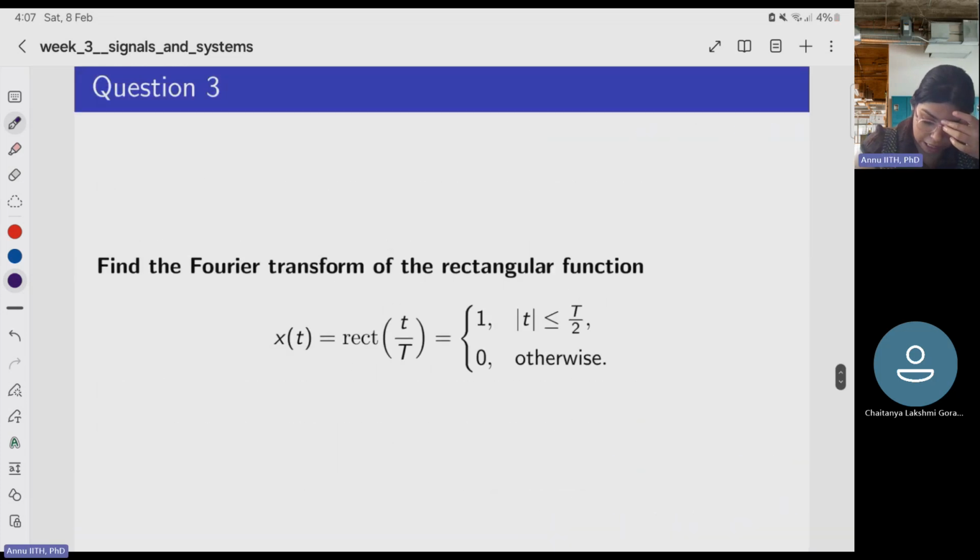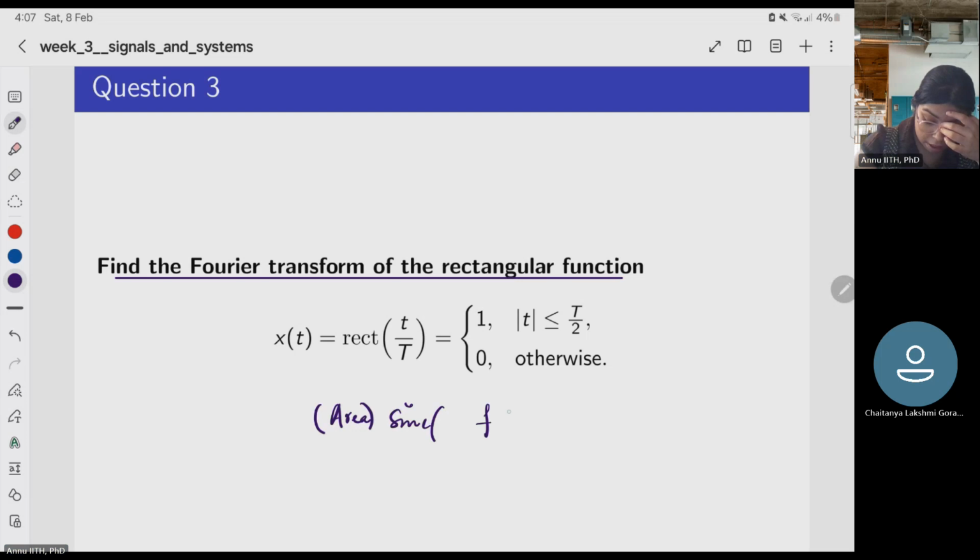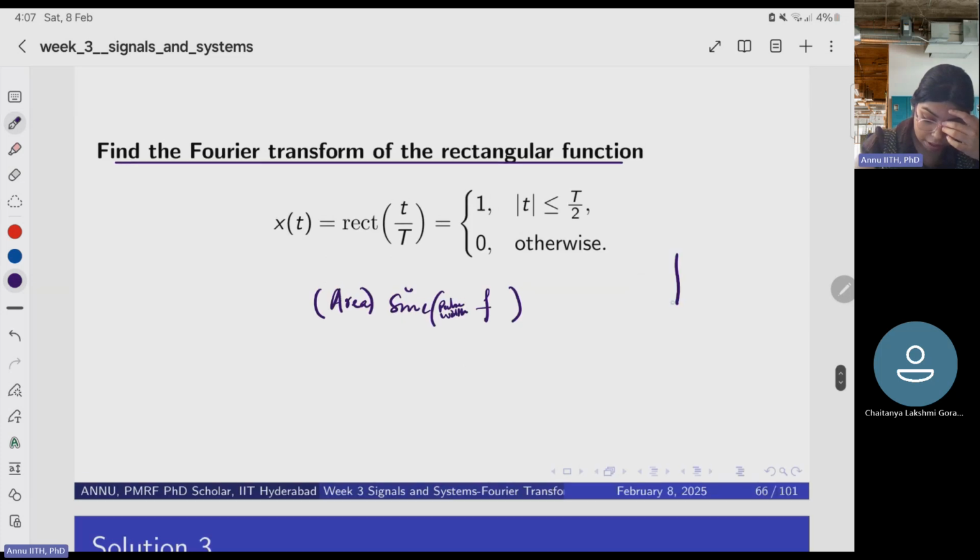Okay, and find the Fourier transform of a rectangular function. So this is nothing but area into sinc. This is f, and this is the pulse width. So the area for this one is 1.